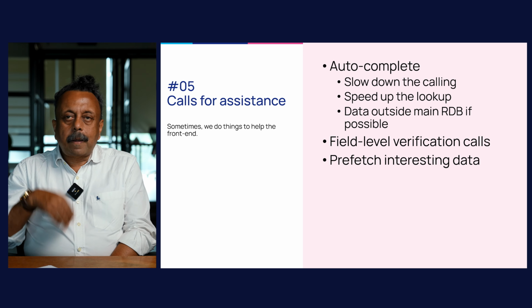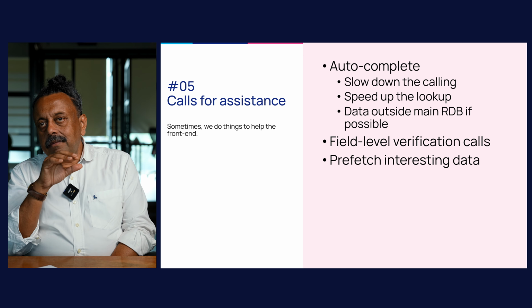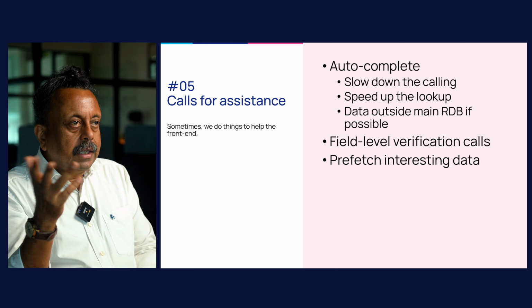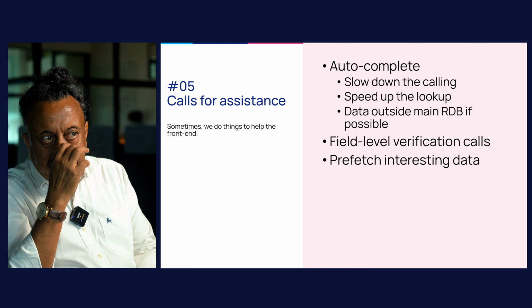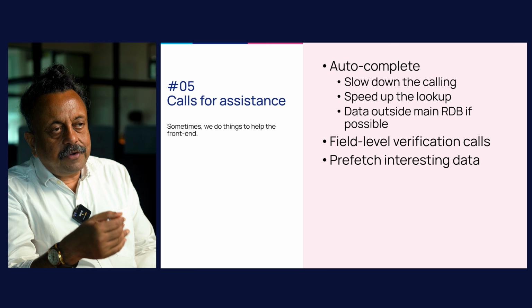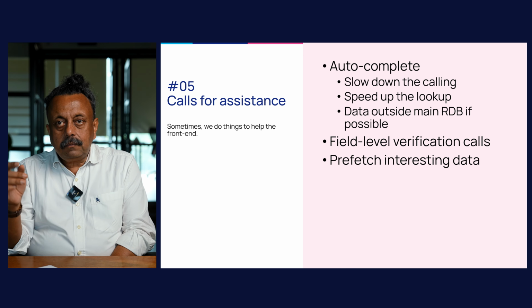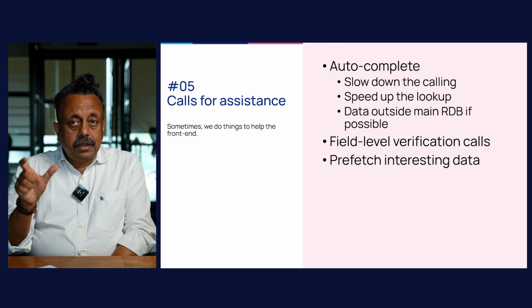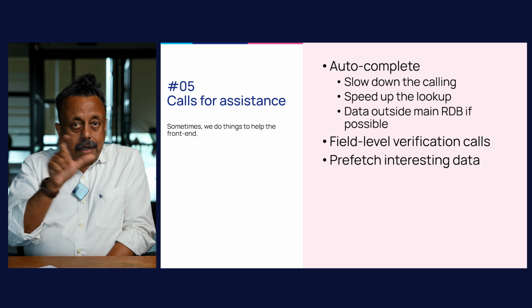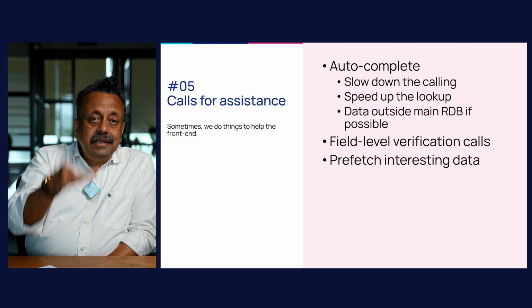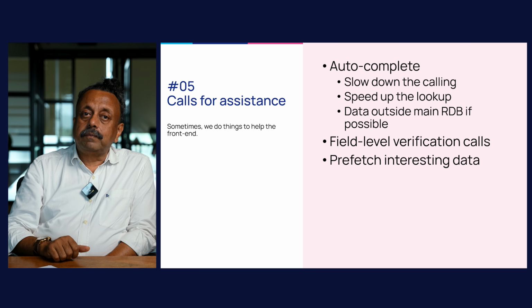For instance, I am filling data about, I don't know, maybe vouchers of a particular type. So I'm trying to enter a new voucher. I'm filling data about that voucher. And as I enter vouchers of a particular type, one of the accounts, one of the ledgers in the voucher is a particular bank account.